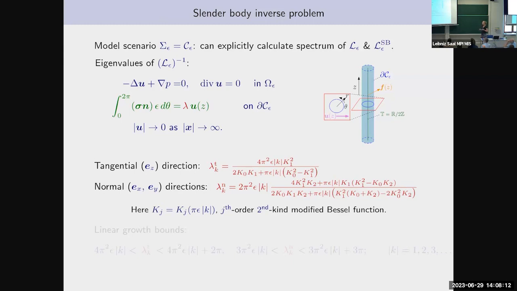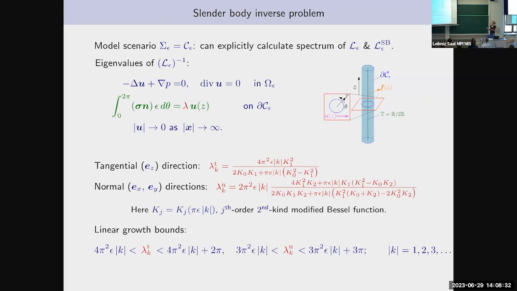And these eigenvalues come in the form of a pretty nasty looking ratio of modified Bessel functions. But since Bessel functions satisfy a lot of very nice properties, we can show that these eigenvalues in both directions grow linearly as k goes to infinity.